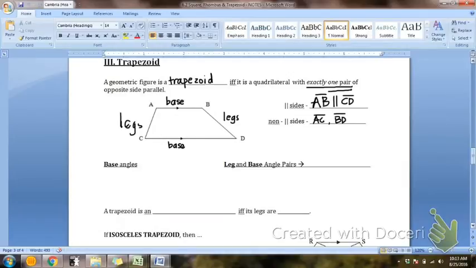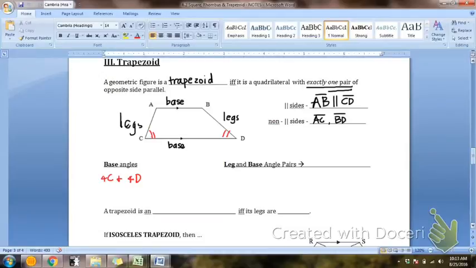So then we have some base angles. If I look at the bottom one where C and D are, I can say that angle C and angle D are base angle pairs. What might be another base angle pair?